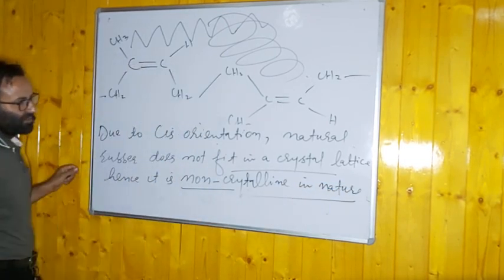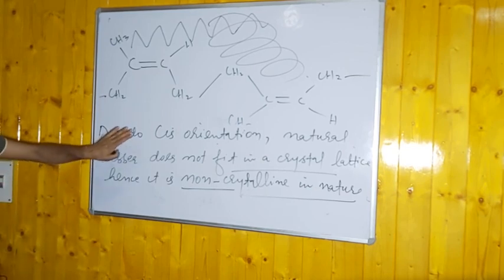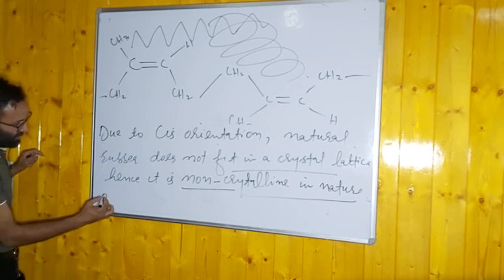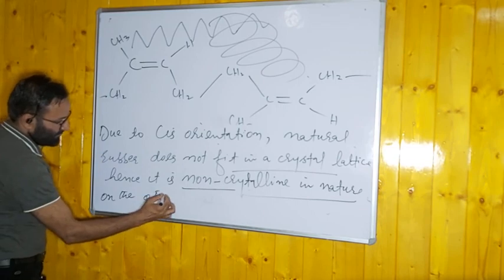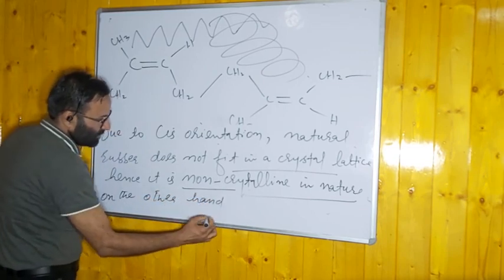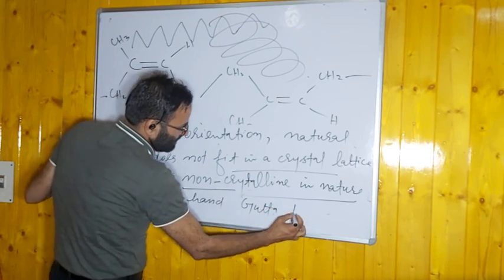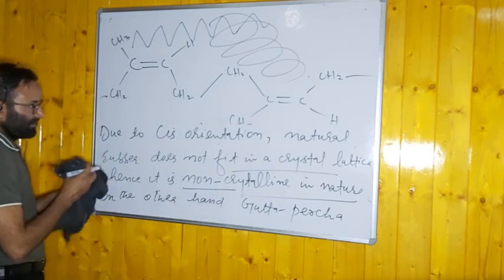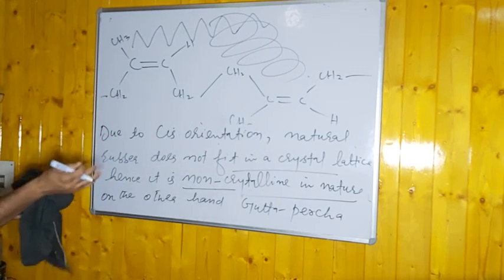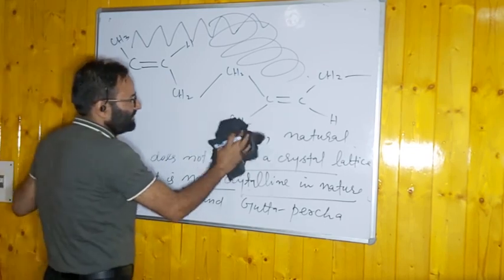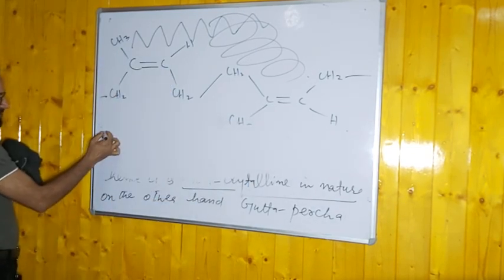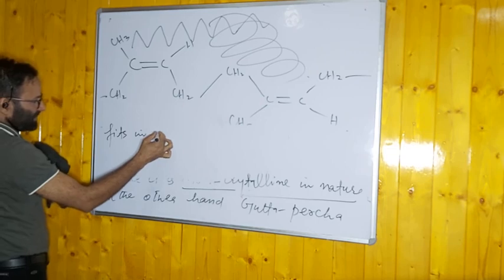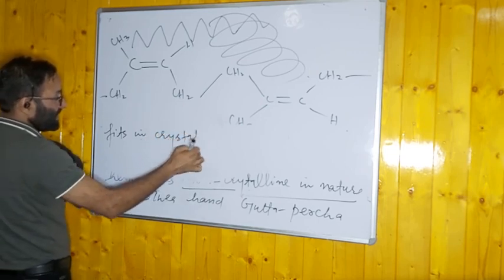This is the third point you have to mention. Third point of difference: due to cis orientation, natural rubber does not fit in crystallites, hence it is non-crystalline in nature. On the other hand, gutta percha fits in crystallites because of trans orientation.